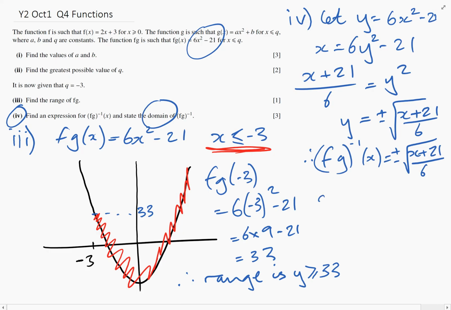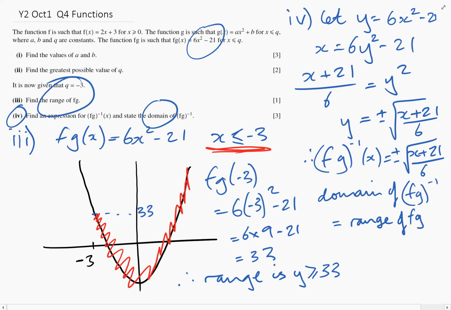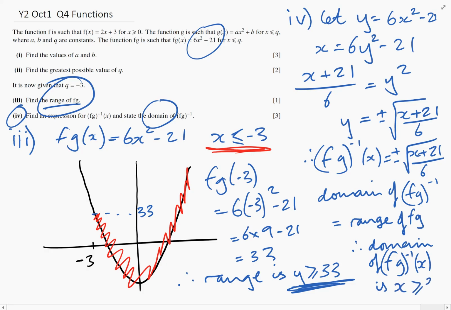Well, the domain of the inverse function is going to equal the range of the original function, and we've already worked out the range of fg in the previous part. So the domain of fg to the minus 1 of x is greater than or equal to 33.